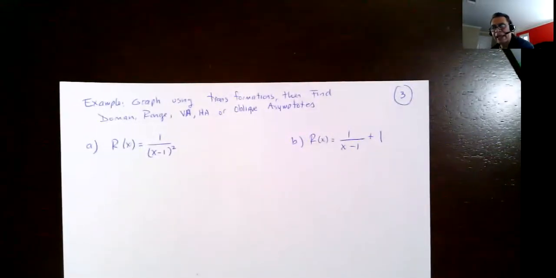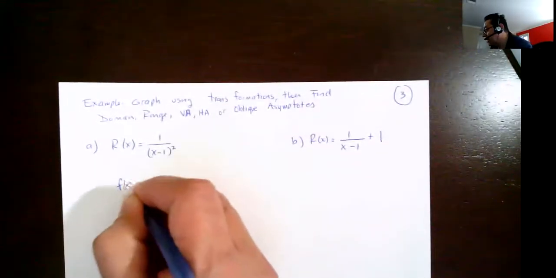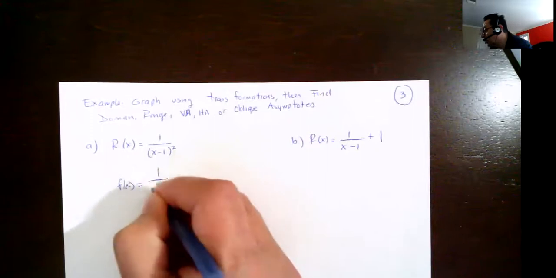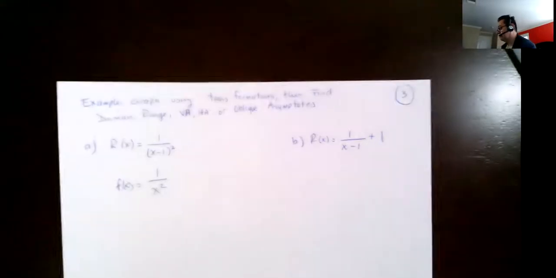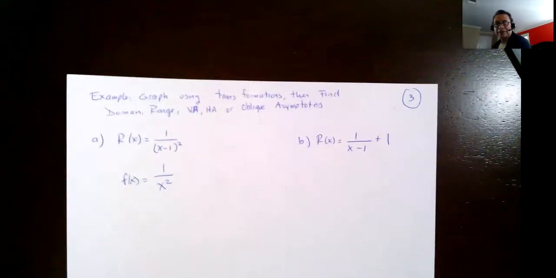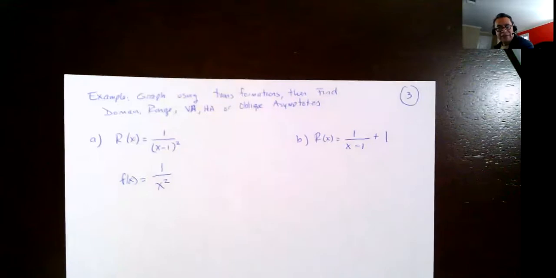I don't know if you have your handout with you, the basic functions handout that I gave you some time ago. If you have it, please look at the function f of x equals 1 over x squared. That would be the basic function that we need to look at.